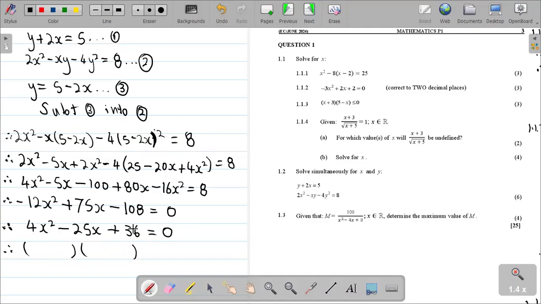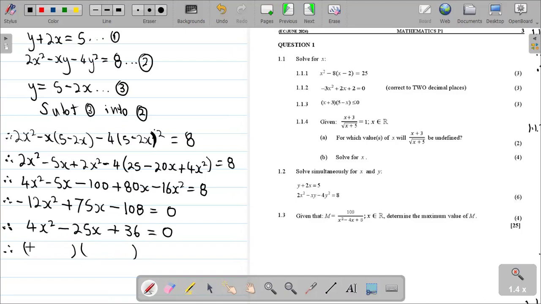So if we use 9 and 4, we should look for the factors here. Okay, so we have 25 here in the middle.